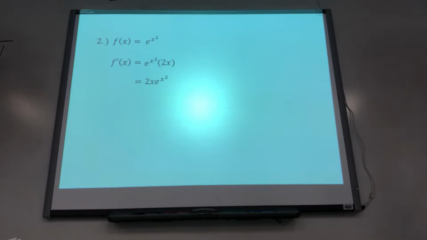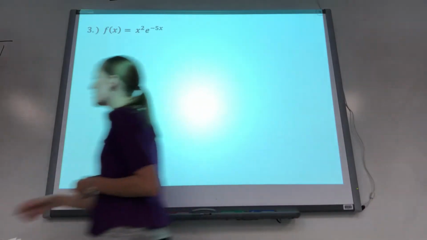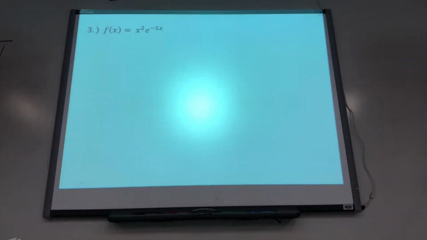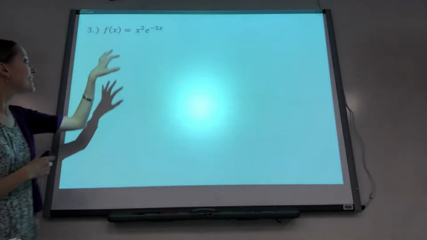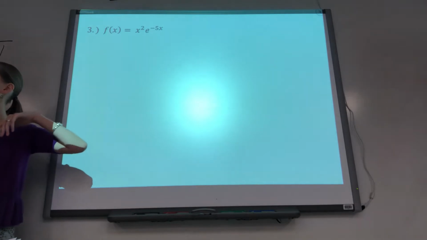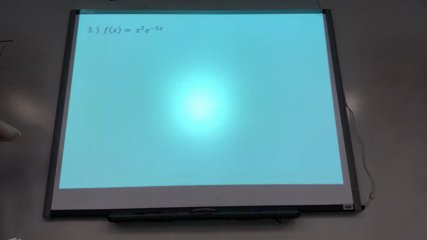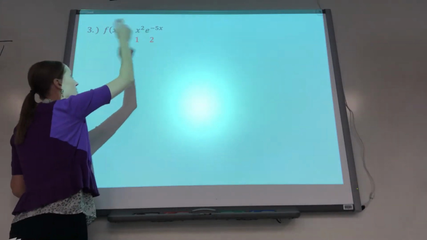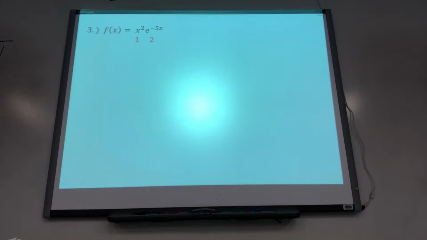Okie doke. I've got one more here with e, and then we'll switch over to something a little bit different. Number 3, f of x equals x squared e to the negative 5x power. I see the e part up there, but there's an extra part in front. Anybody know what rule we're going to have to use here? Product rule. Something with x times something with x.